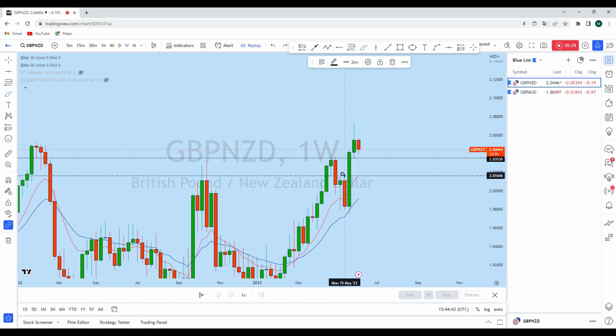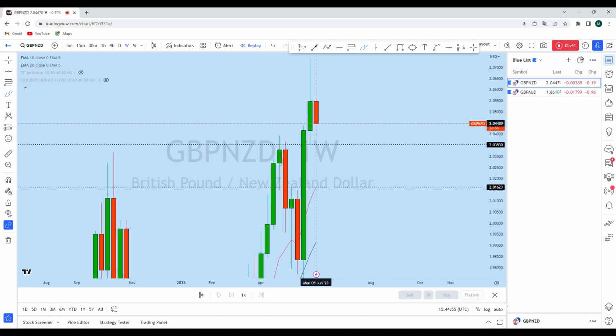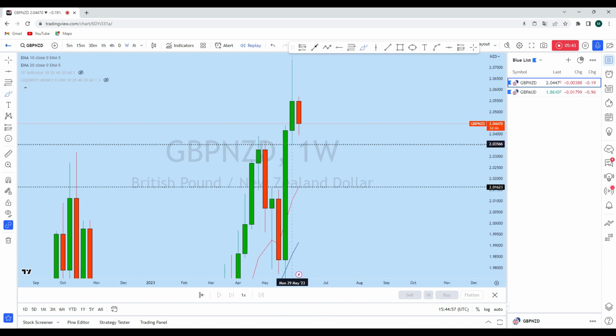This is the resistance line which is turning support here on GBPNZD, and we can expect the price to come back down to this previous resistance turned support, and then we can expect the price to bounce from that level. As you can see, this is the weekly price action, the support of this previous weekly. Highly likely the price may break this level to the downside to create a new lower low.